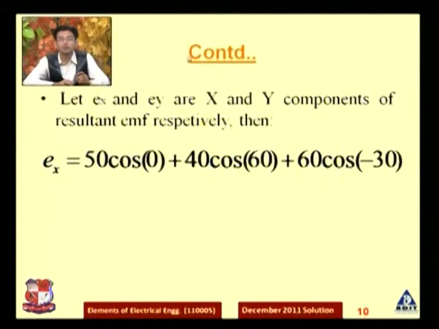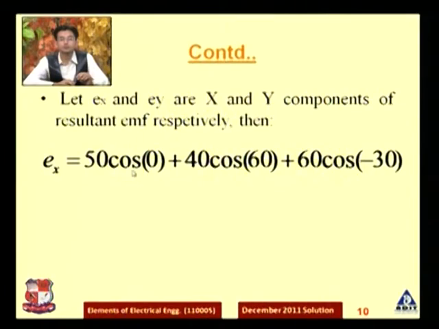So it will be 50 cos 0 plus 40 cos 60 plus 60 cos(−30). Whenever you are finding the resultant, you have to find the x and y components. When finding the x component, you consider the cosine of the phase angle. When finding the y component, you consider the sine component, right?